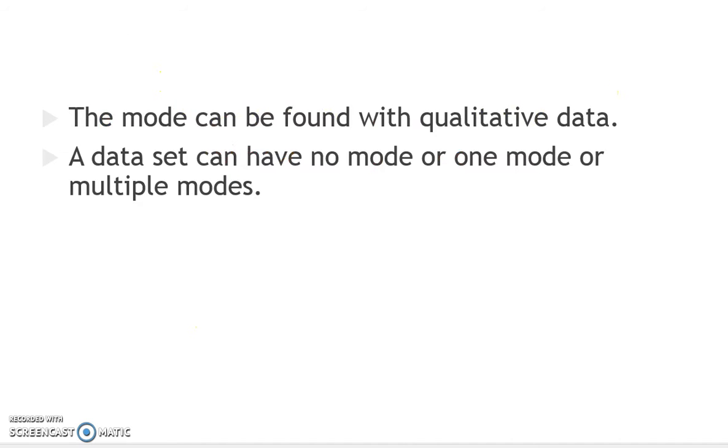One important property of mode is that mode can be found with qualitative data. For qualitative, categorical data, mode can be quite useful. Sometimes the data set can have no mode, or one mode, or two modes, or multiple modes. It depends on the data set that you are given.